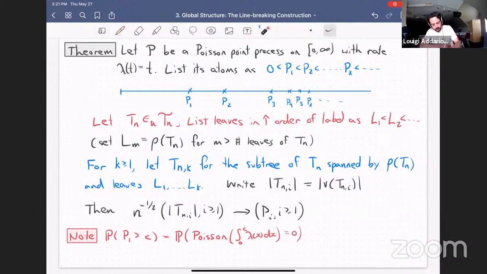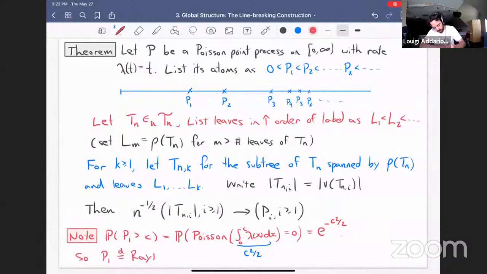Okay, so the rate function we said was just linear, so lambda of x is equal to x, and so this integral here is c squared on 2. And so we're asking for a Poisson with mean c squared on 2 to be equal to 0. That's exactly e to the minus c squared on 2. Okay, so that is to say that P1 is Rayleigh distributed. And so this theorem really extends the previous corollary.